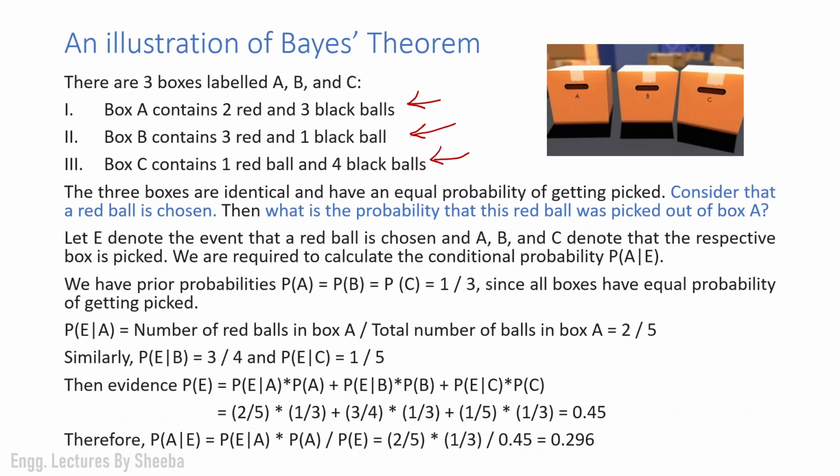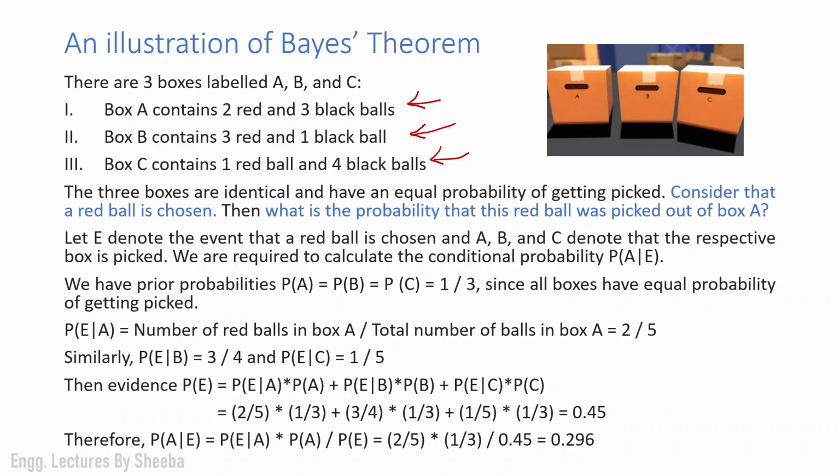These are the balls present in boxes A, B and C. Now the evidence is that a red ball is chosen, and we are supposed to find the probability that this red ball belongs to box A.